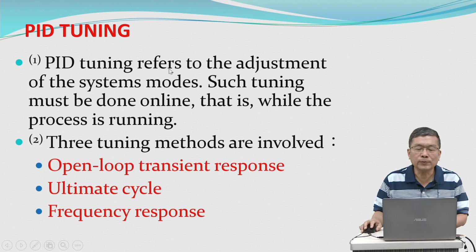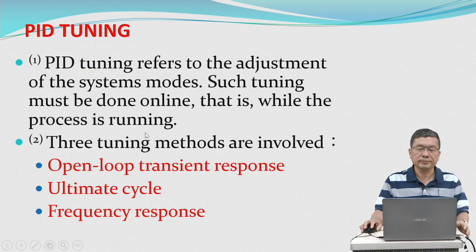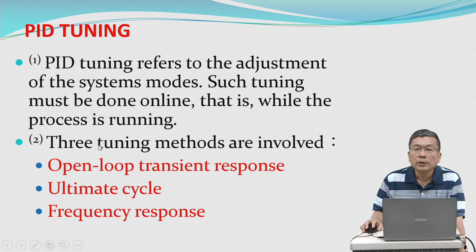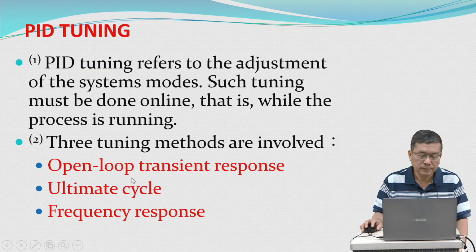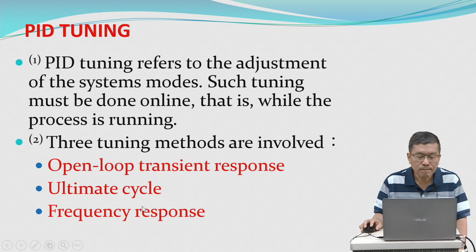PID tuning refers to the adjustment of the system's mode. Such tuning must be done online, that is, while the process is running. Three tuning methods are involved: open loop transition response, ultimate cycle, and the frequency response.